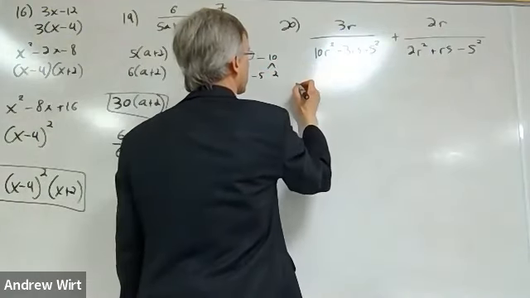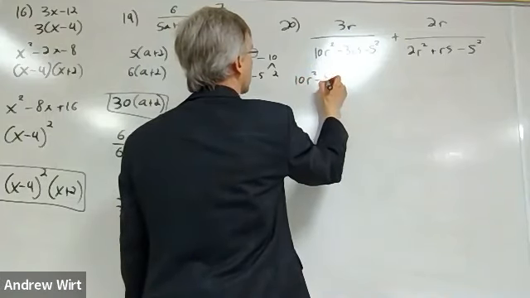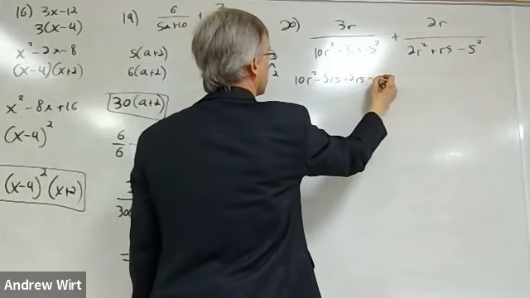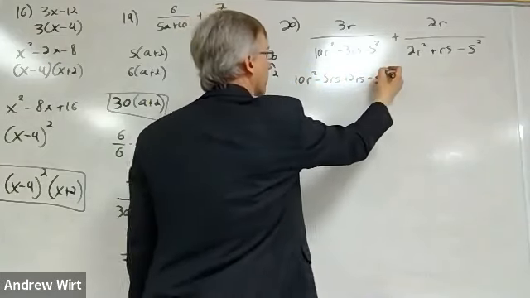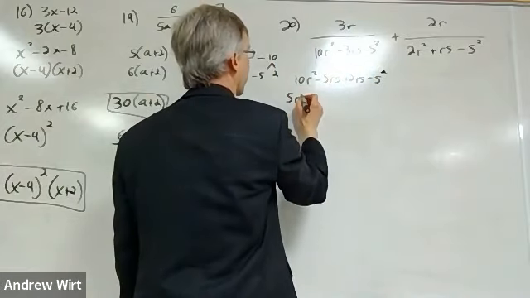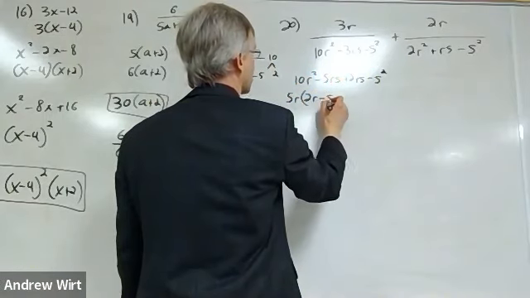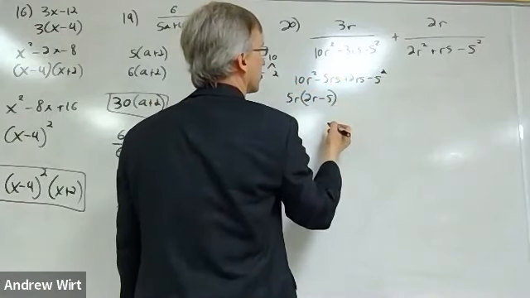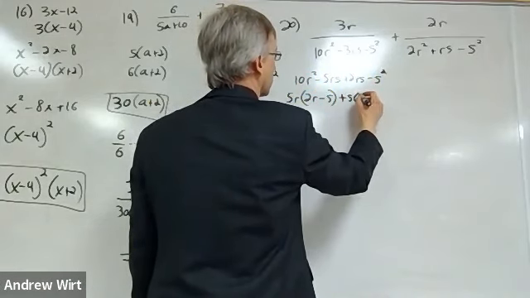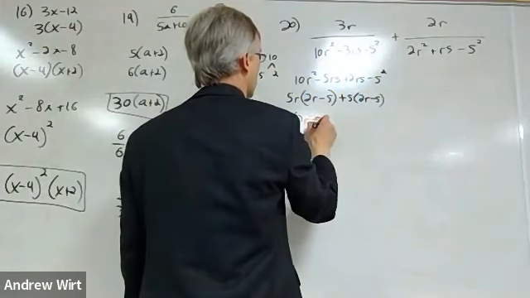We can rewrite this one as 10r squared minus 5rs plus 2rs minus s squared. Now I'll factor by grouping. Take out a 5r, that gives us 2r minus s. And here we can factor out an s, and we get 2r minus s.